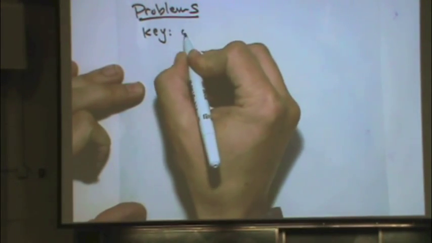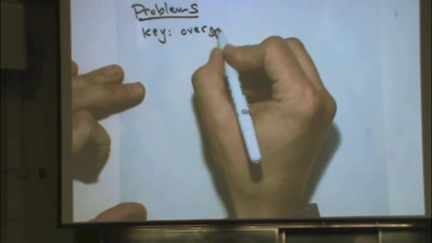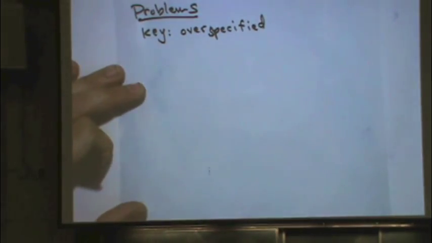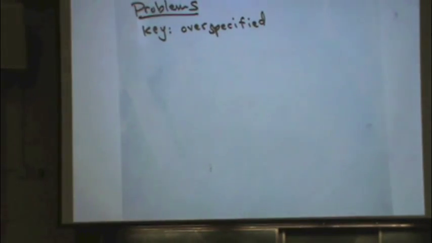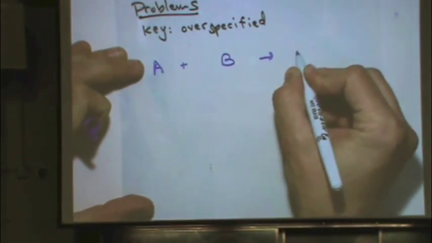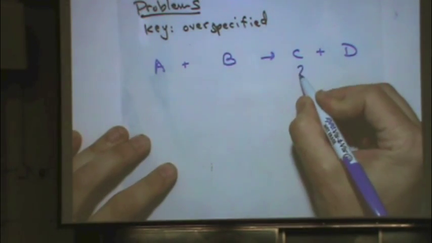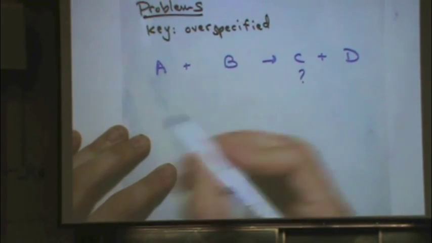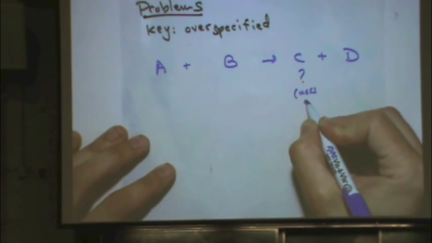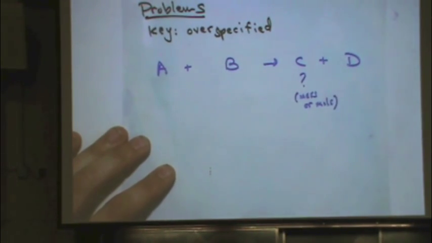The key is looking for something that's called over-specified in math. Over-specified. What does that mean? If I write out a reaction, A plus B goes to C plus D, let's say we want to know about this one. We either want to know about mass or moles. Either one.